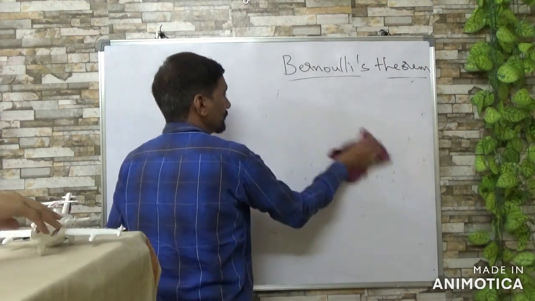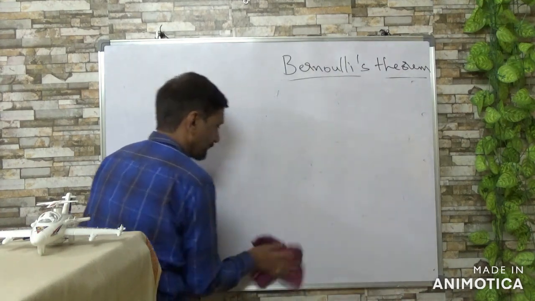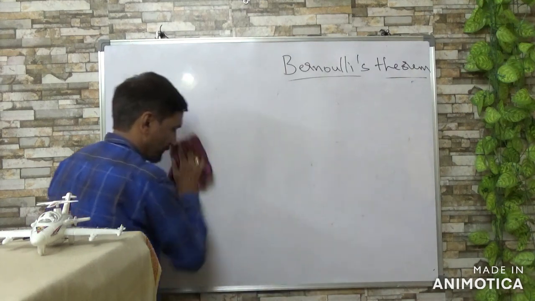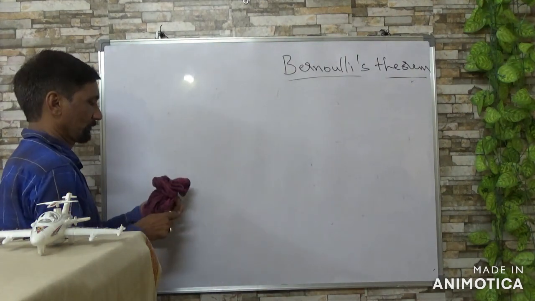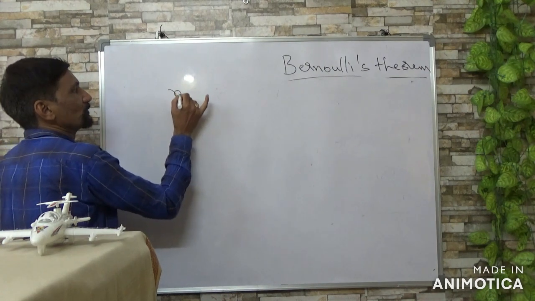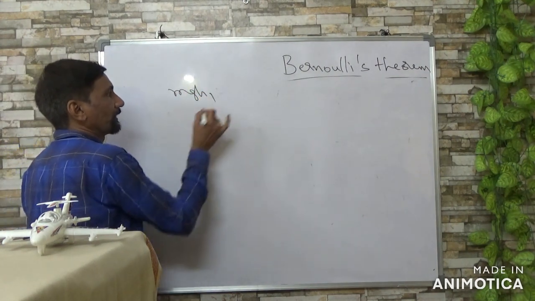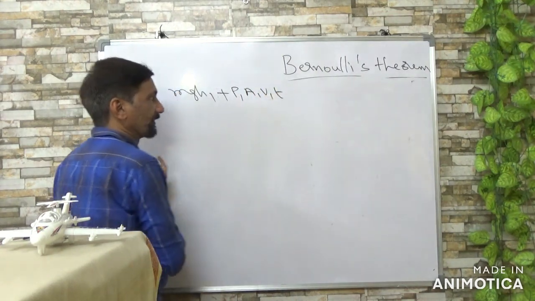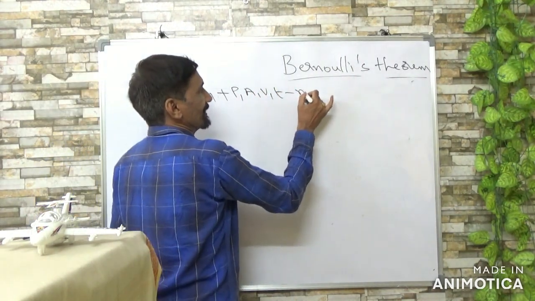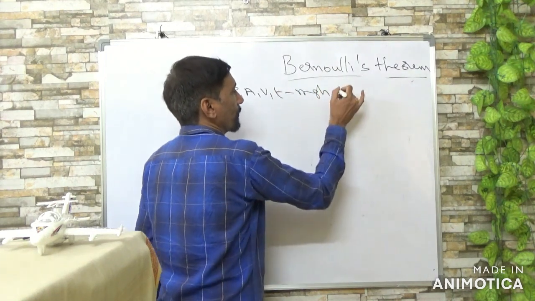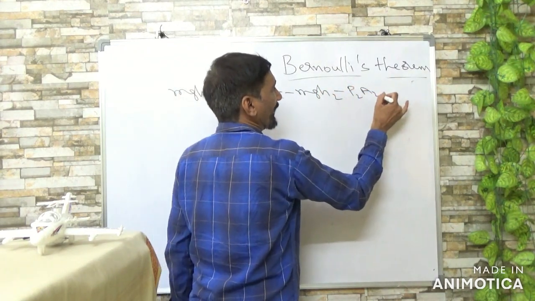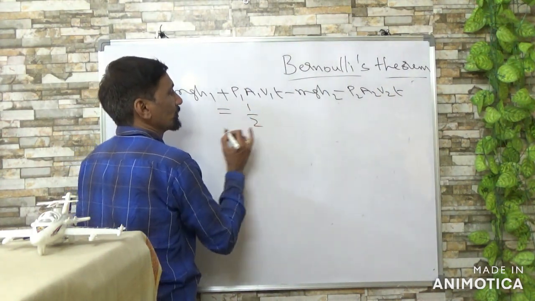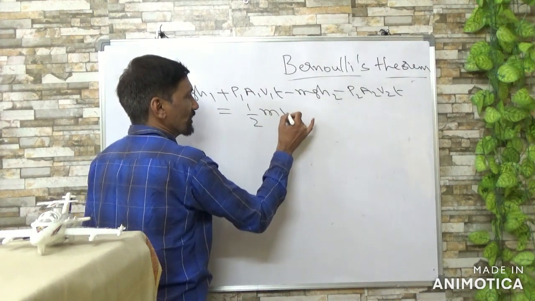So both are equated. That is, mgh1 plus p1 a1 v1 t, minus mgh2, minus p2 a2 v2 t, equal to change in kinetic energy.